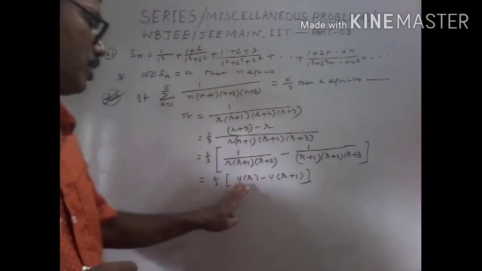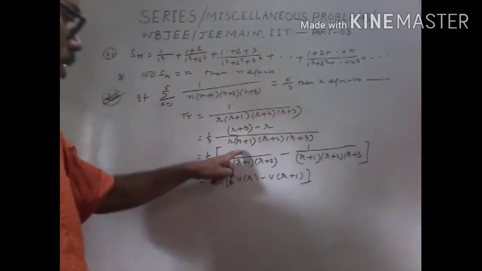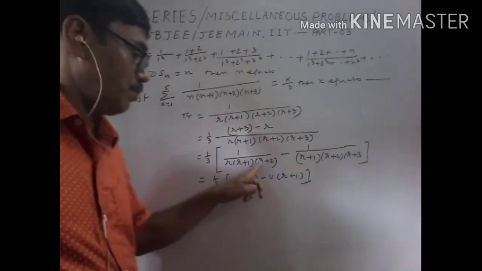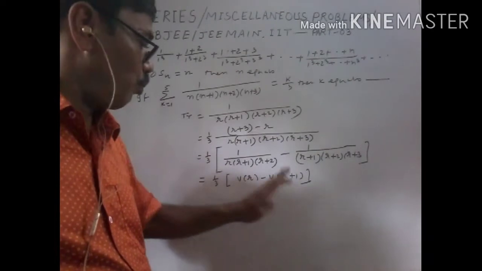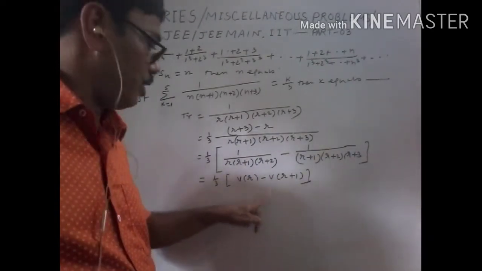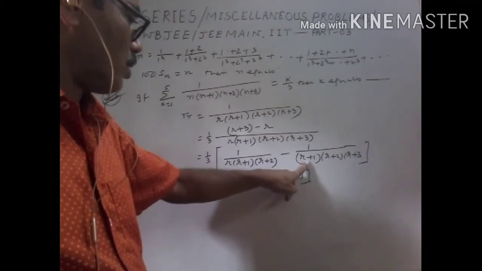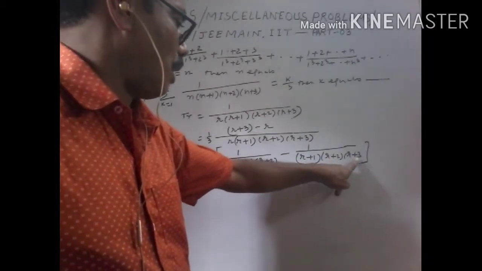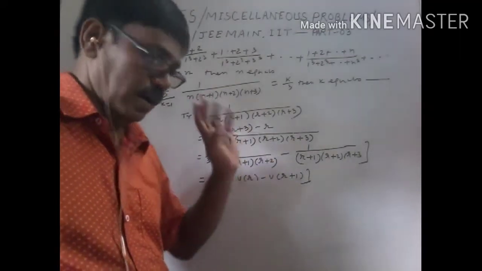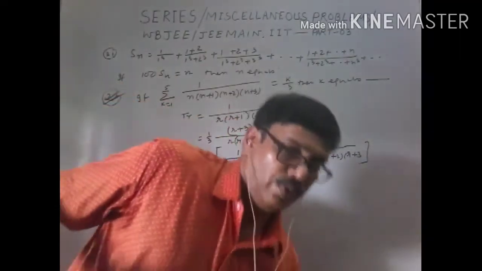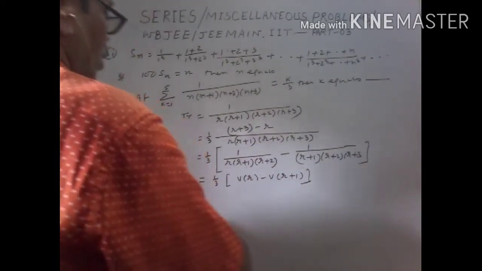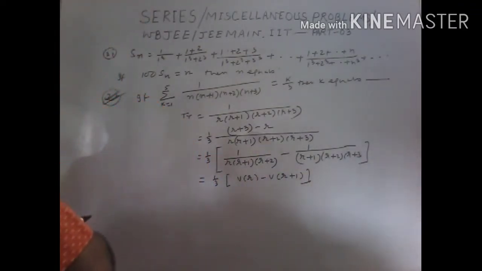Suppose this is VR. What is VR? 1 by R into R plus 1, R plus 2. So what is VR plus 1? You look, the meaning remains the same. So this one is R plus 1, R plus 2, R plus 3. So this is our main aim, to write it as a difference of two consecutive terms.